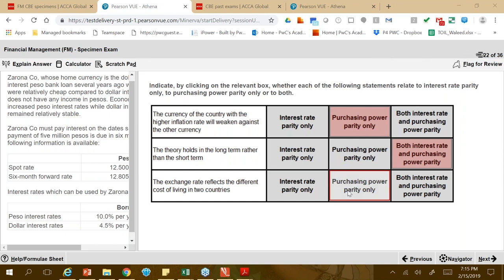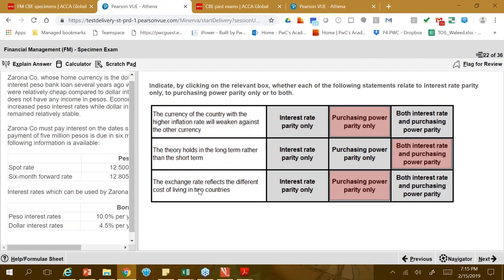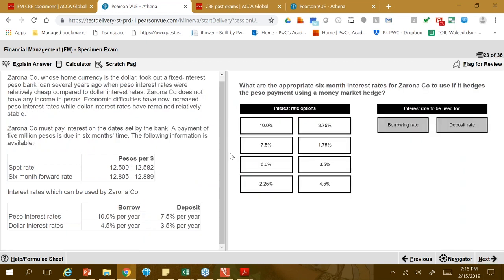Well, again, it's the purchasing power parity theory because we're talking about the cost of living in two countries. The cost of living in two countries is stated by the theory of purchasing power parity, because we're talking about the inflation here. The cost of living is the inflation that we're talking about. So unless or until the examining team uses the word interest rates, do not self-assume. Here it was talking about the inflation. Next, 23. Okay, interesting.